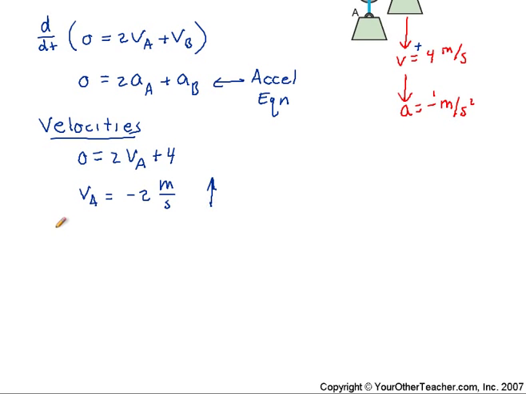Now let's also take a look at the accelerations. All right, our acceleration equation says 0 equals 2 times the acceleration of a plus the acceleration of b. Now the acceleration of b is, again, decreasing going downward.